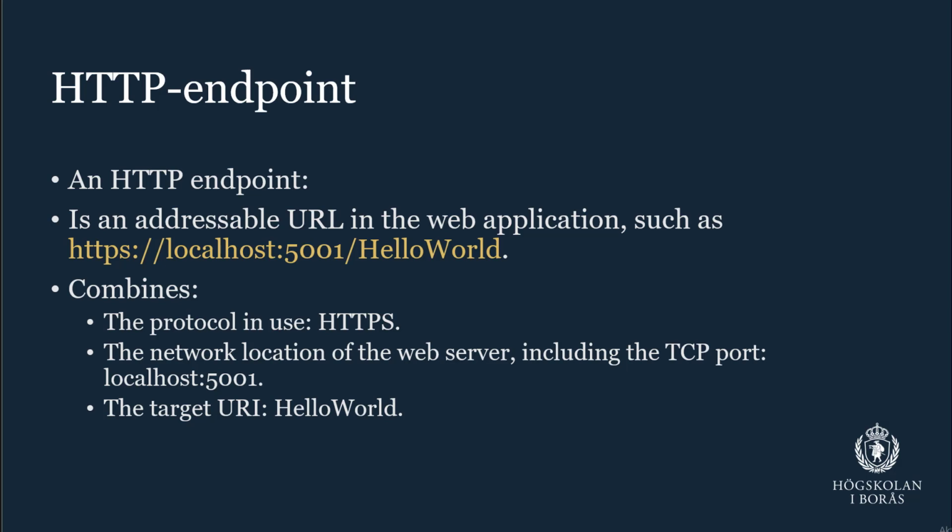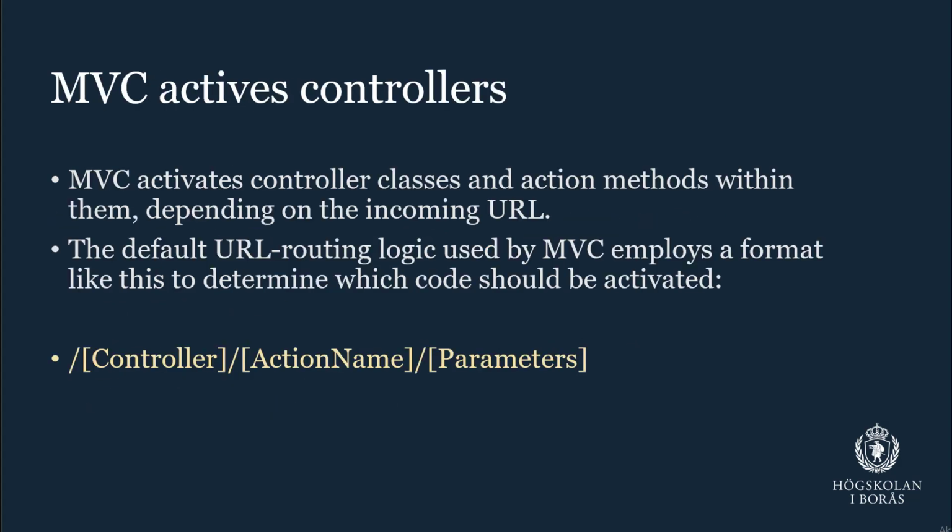This URL, or the HTTP endpoint, combines the protocol in use, which is HTTPS to begin, the network location of the web server, including the TCP port, in our example being localhost:5001, and the target URI, which is helloworld in this case.